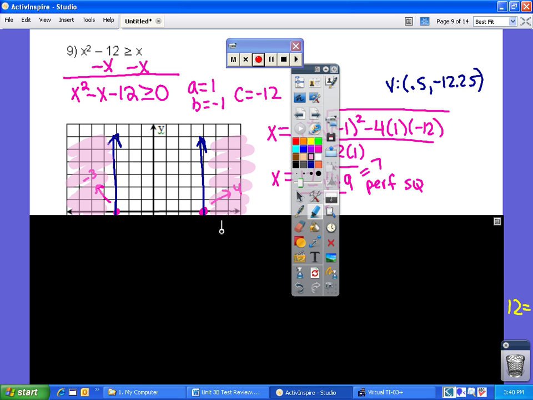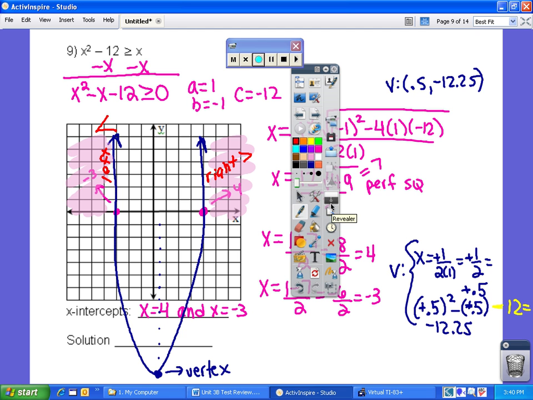Well, after I leave negative 3, it goes to the left. So that's less than. After I leave 4, it goes to the right. That's greater than. So that means my solution is less than negative 3 and greater than 4.